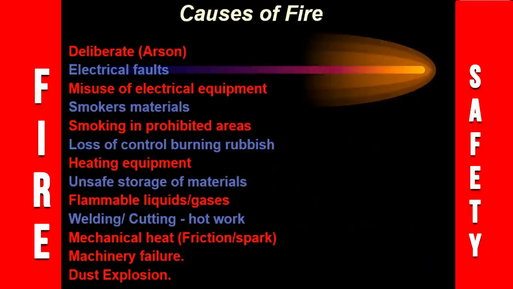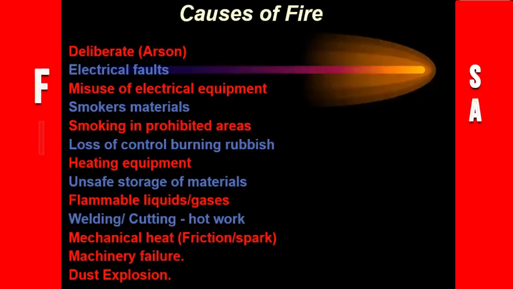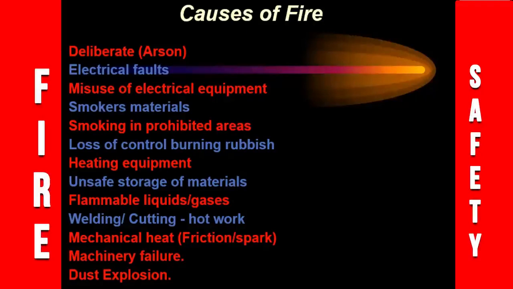Fire may be caused by deliberate action, arson, electrical faults, misuse of electrical equipment, smoking materials, smoking in prohibited areas, loss of control, burning rubbish, heating equipment, unsafe storage of materials, flammable liquids or gases, welding or cutting, mechanical heat, machinery failure, or maybe the cause of fire is dust explosion. There are several sources, so you need to be watchful once you are on site.